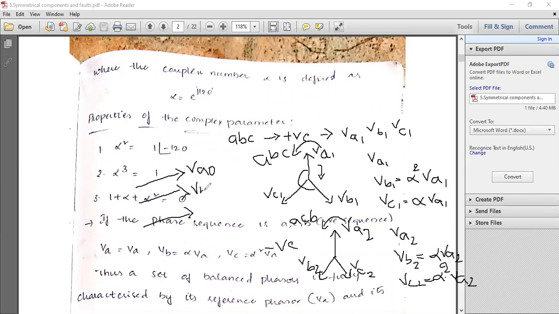So all the three voltages are equal. Now this is for positive sequence voltages, this is negative sequence voltages, and these are zero sequence voltages. Already we have seen all these points in the last class, right?